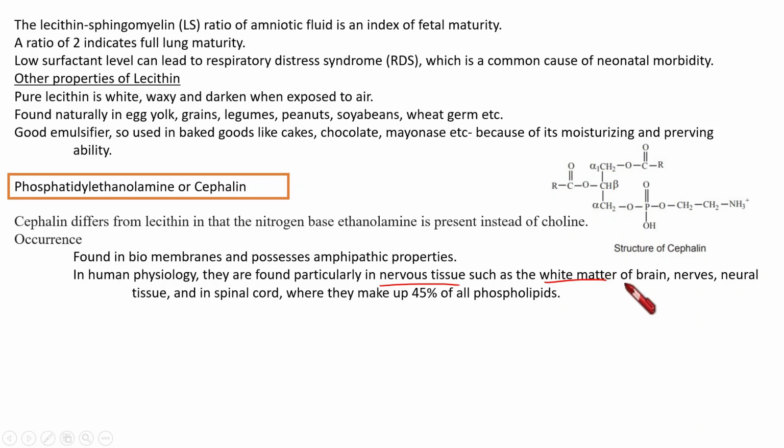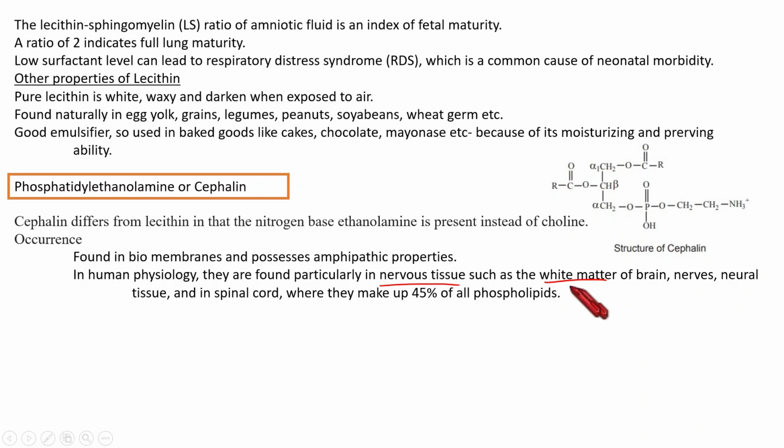Gray matter is mainly composed of cell bodies and it is receiving that stimulus. So that's the difference. I am just giving additional information. Anyway, those who don't know, I'm just sharing this piece of information.